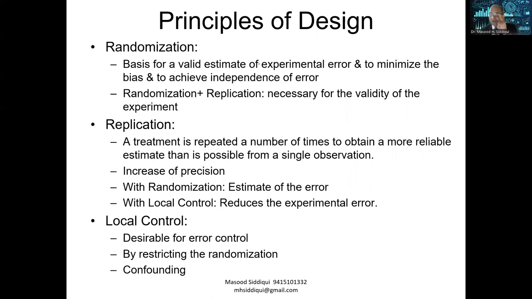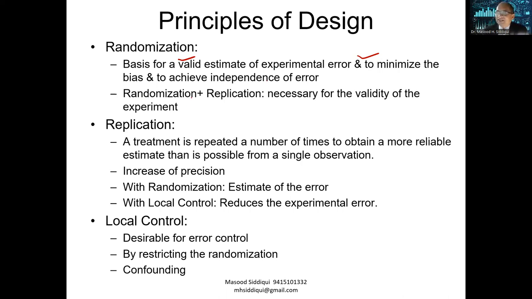So the objective of using randomization is, first, a valid estimate of the experimental error; next, to minimize bias, so there won't be any bias there; and third, to achieve independence of error, which is an assumption for all the models that we are going to use in this case.